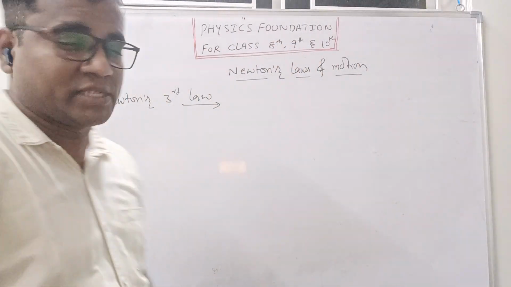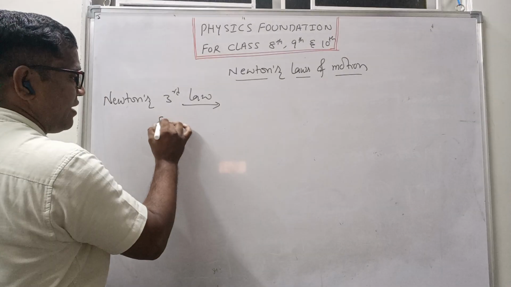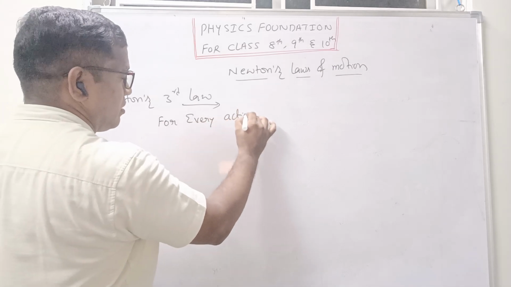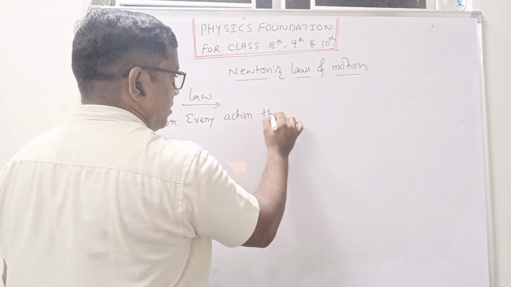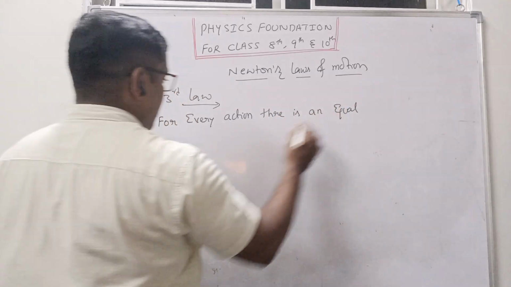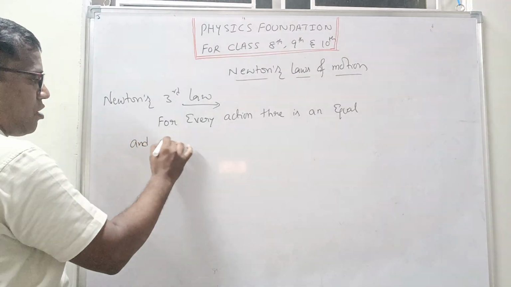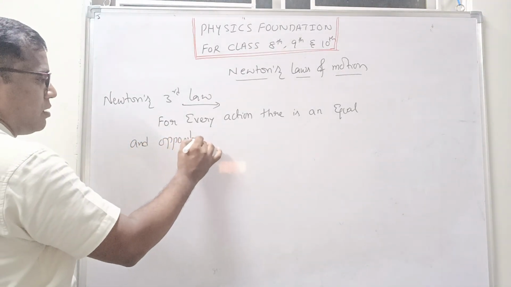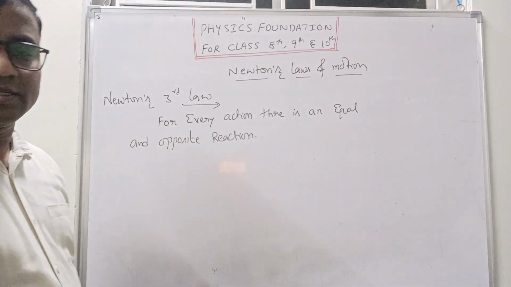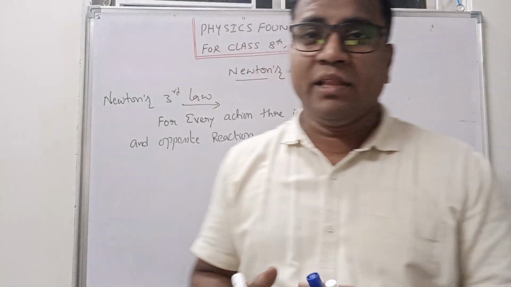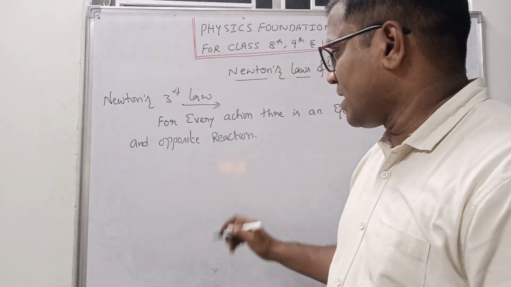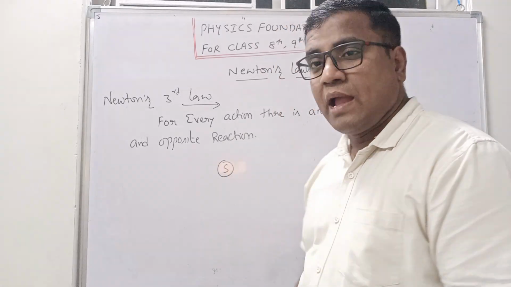Let me write it, try to understand. According to Newton's third law, for every action there is an equal and opposite reaction. For example, here the sun is there and here the earth is.